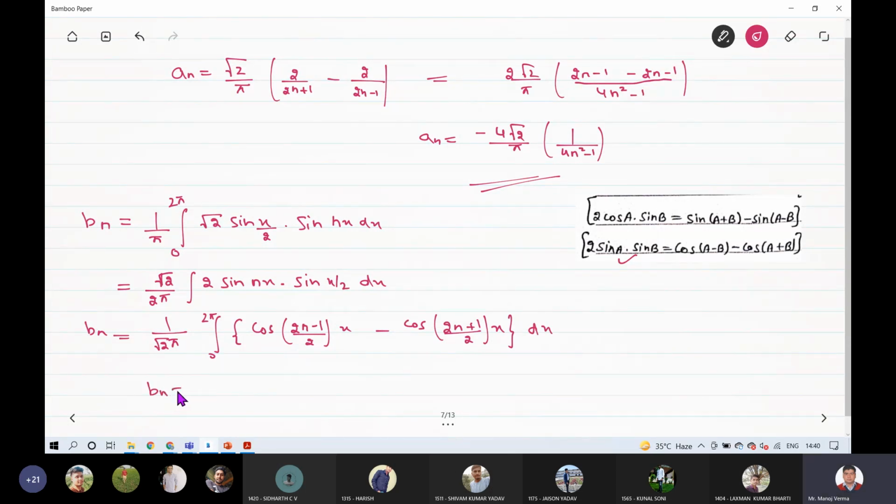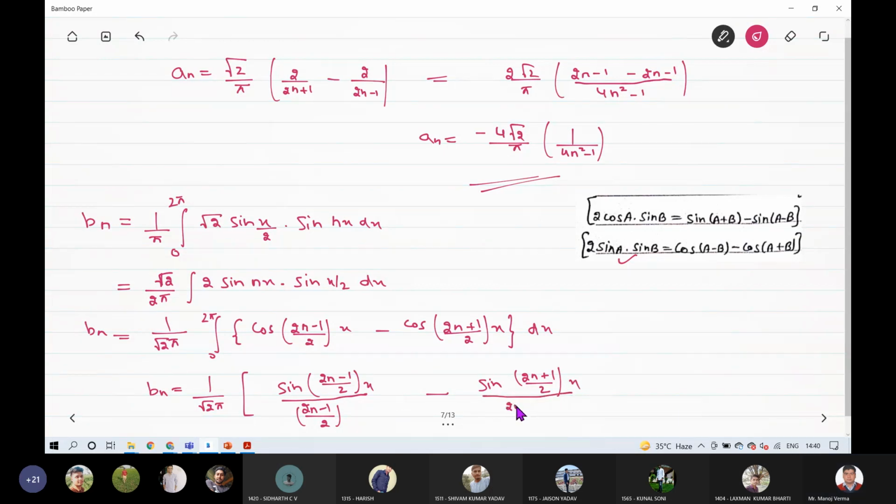This will become 1 over root 2 pi, sine (2n minus 1) by 2 x divided by (2n minus 1) by 2, and the integration of this second term, sine (2n plus 1) by 2 x, divided by (2n plus 1) by 2.